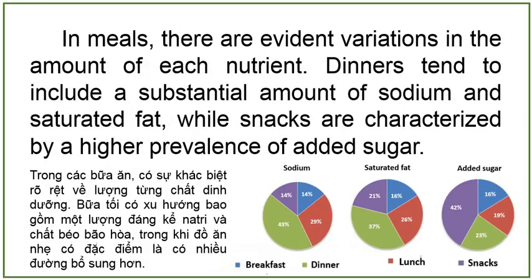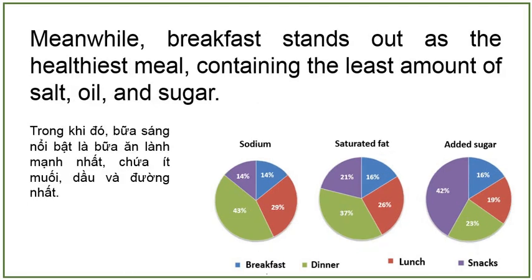In meals, there are evident variations in the amount of each nutrient. Dinners tend to include a substantial amount of sodium and saturated fat, while snacks are characterized by higher prevalence of added sugar. Meanwhile, breakfast stands out as the healthiest meal, containing the least amount of salt, oil, and sugar.